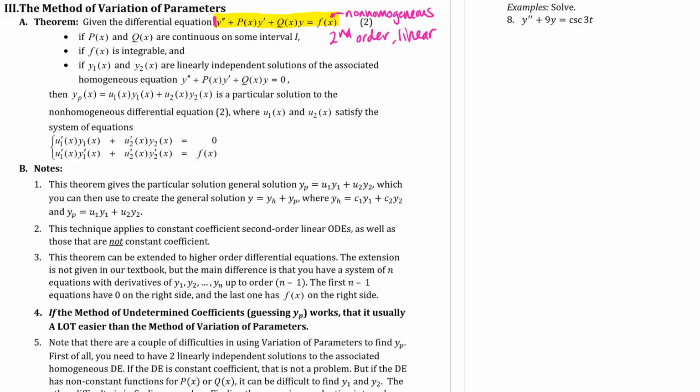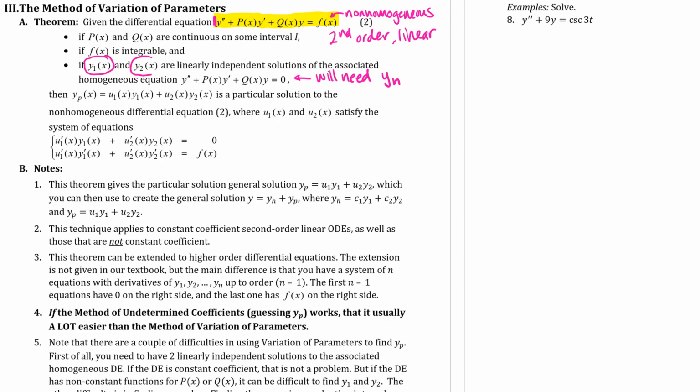Then it says if y1 and y2 are linearly independent solutions of the associated homogeneous equation. We again are going to be looking at finding a solution for the yh part. The two linearly independent solutions that make up that yh part, which come from solving that associated homogeneous equation, would be your y1 and y2.